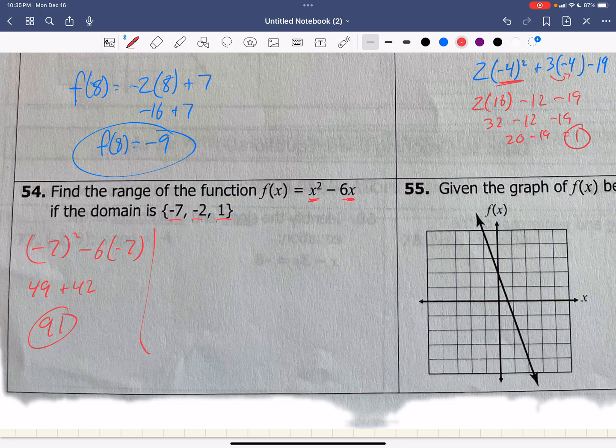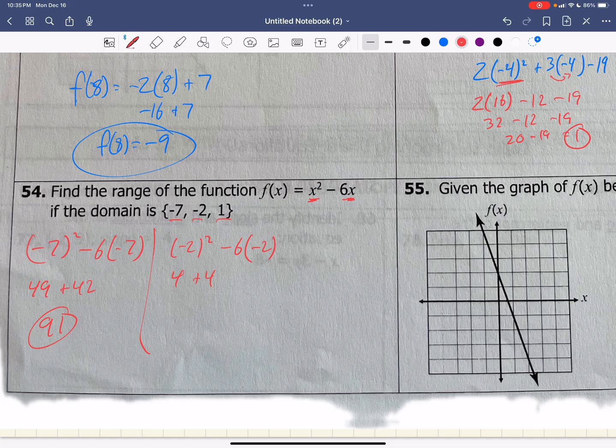Okay. Next one would be negative 2. So it's going to be negative 2 squared. Again, plug in your calculator. Be very, very careful. That ends up being positive 4 plus... Wait, no, I'm sorry. I forgot. Hold on. It's been too late. Let's do that again. Minus 6 times negative 2. Excuse me.